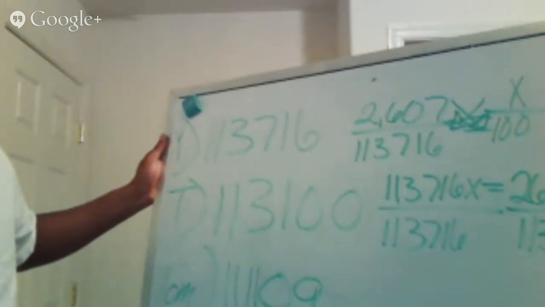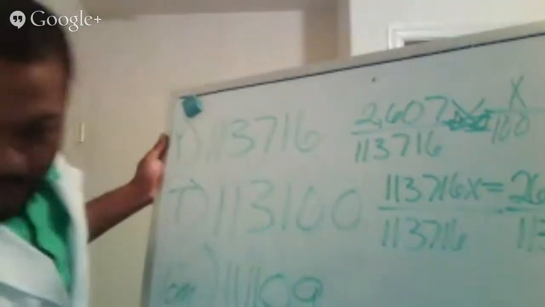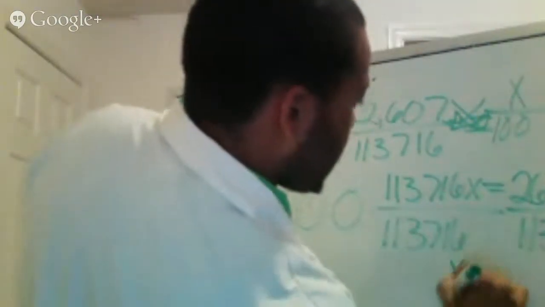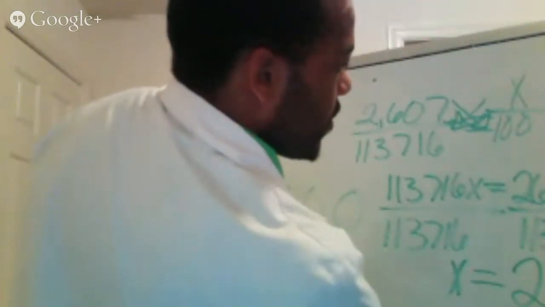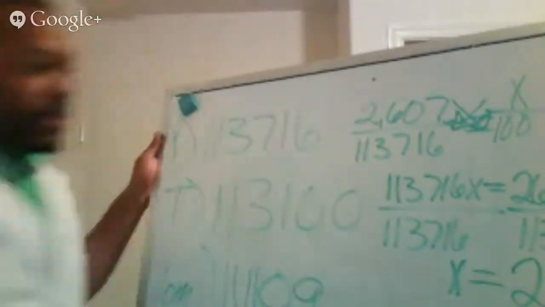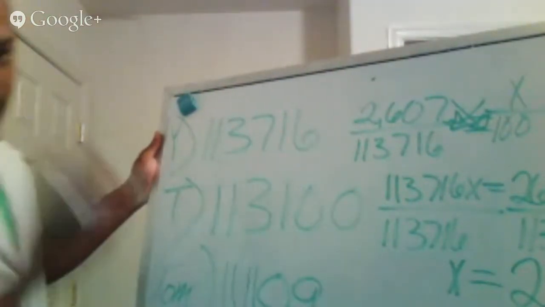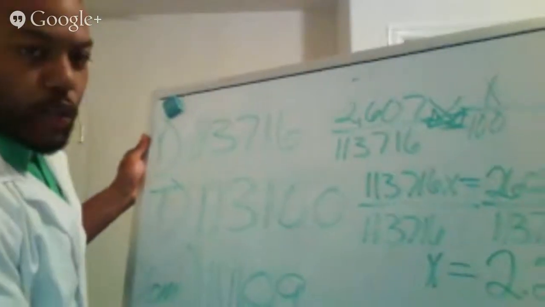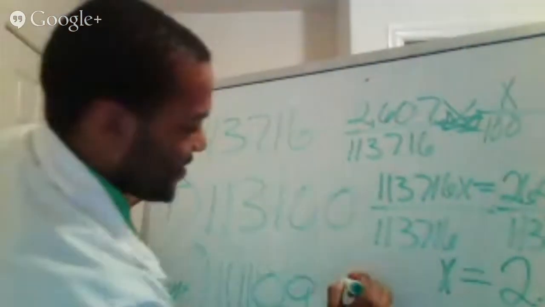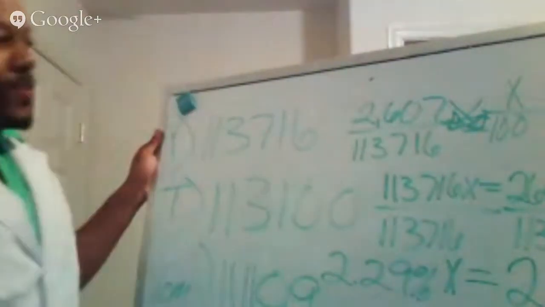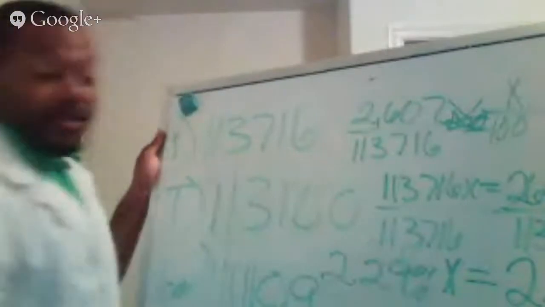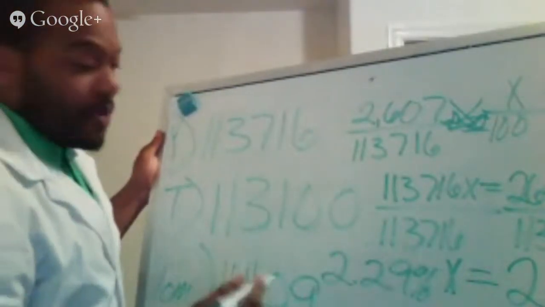Two, oh, nice. 2.29, well, 2.29% is what that would mean, because it's over the 100. It goes straight to being the percent.